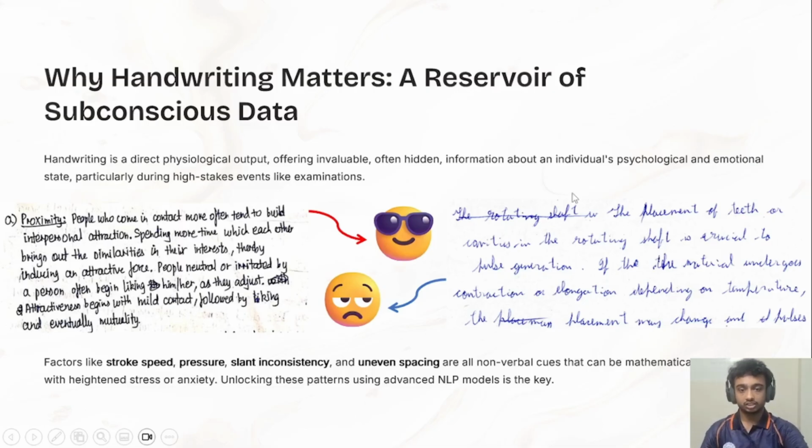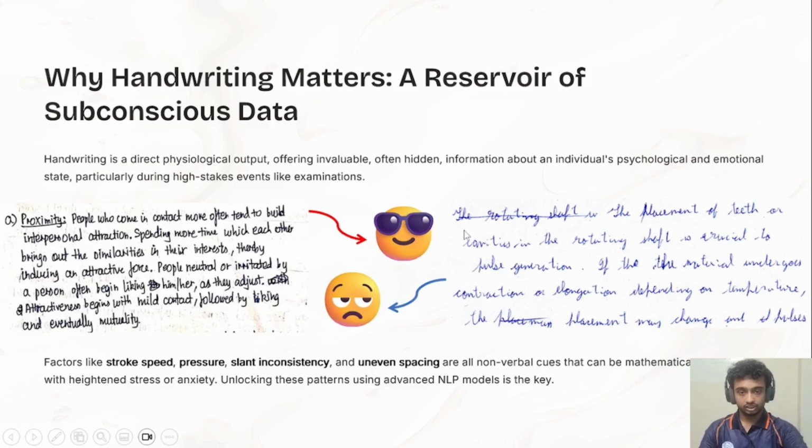On the other hand, the person on the right has differences in the gaps between words, and the slant of the letters is also different. You can easily observe that in the word placement, the P is much more slanted than the one in the word pulse.